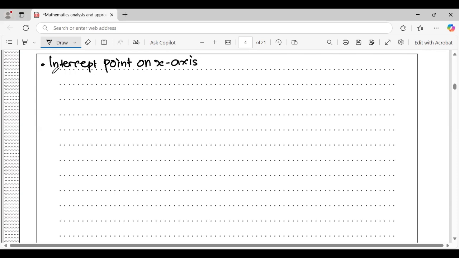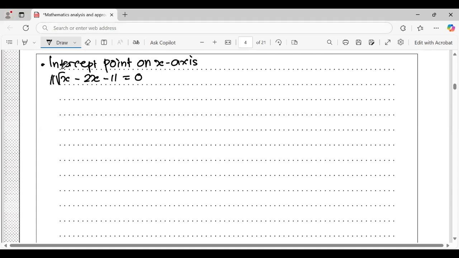If y equals 0, the equation becomes 11 square root x minus 2x minus 11 equals 0.